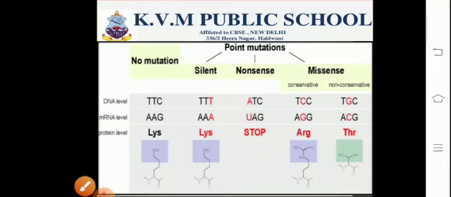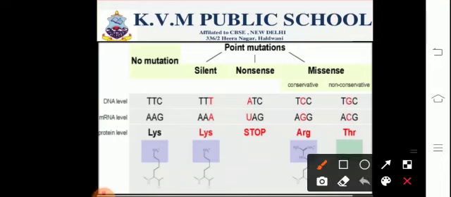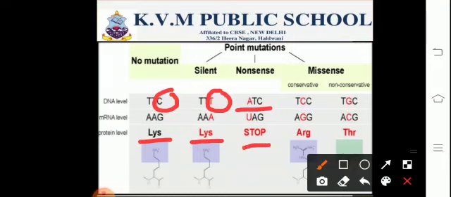In silent mutation, though there is a change in the sequence, as can be seen here, instead of C we have the nitrogen base T, but the amino acid which is encoded is still lysine. In nonsense mutation, because of the addition of a faulty nitrogenous base, there is production of the stop codons, that is UAG, UGA and UAA.